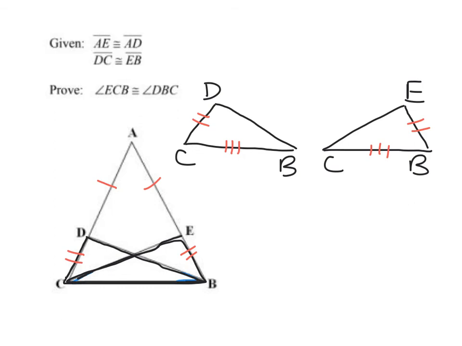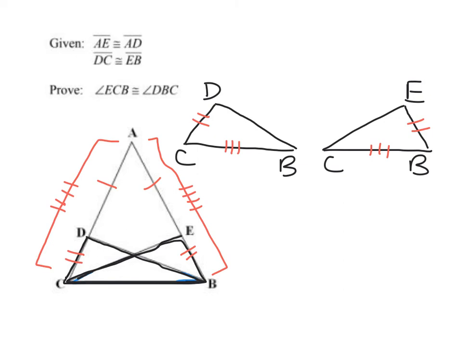So what you may have noticed is we would be able to get segments AC and AB congruent by addition, since we know segments AD and AE are congruent, as well as segments DC and EB are congruent. So if we know segments AC and AB are congruent, that means we have an isosceles triangle.